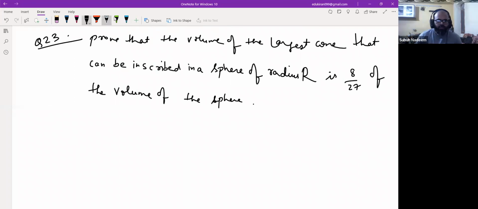So we have a sphere which is having a fixed radius r, and there is a cone which is inscribed in this sphere.